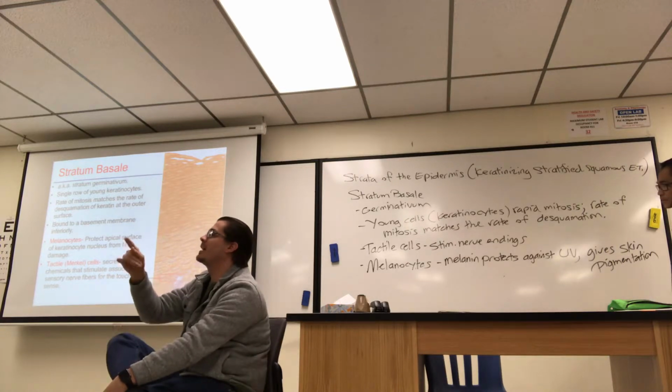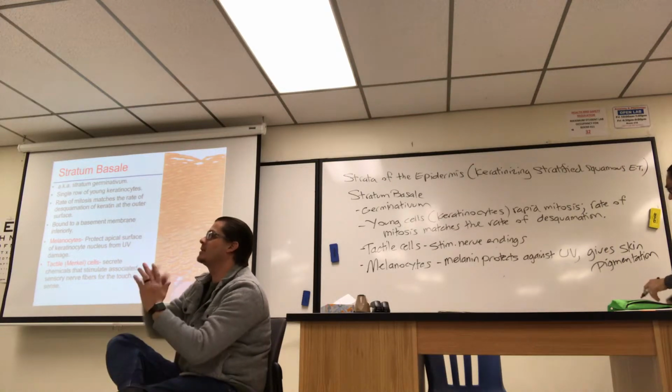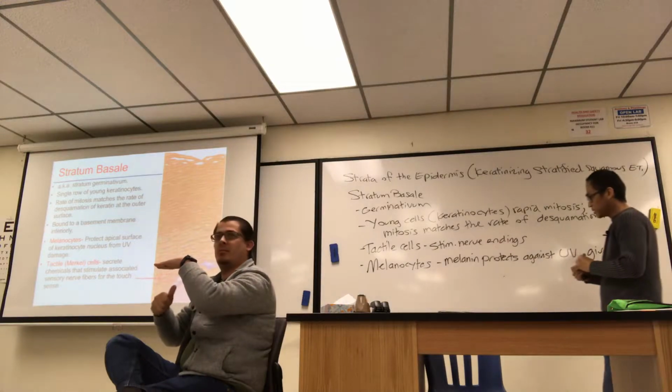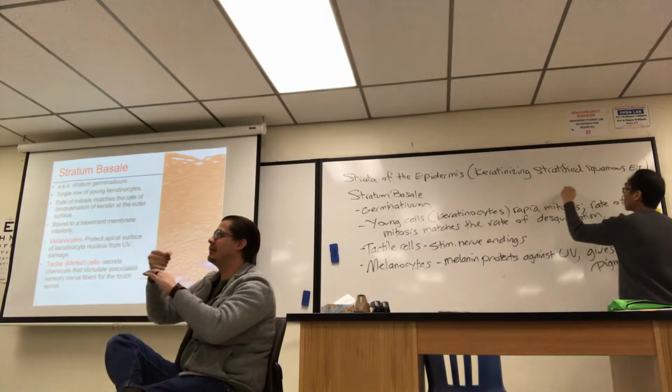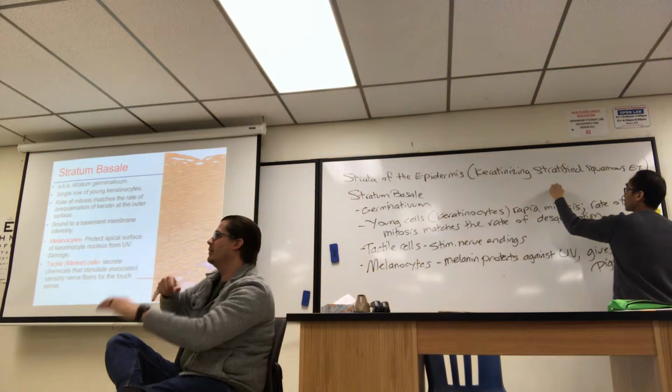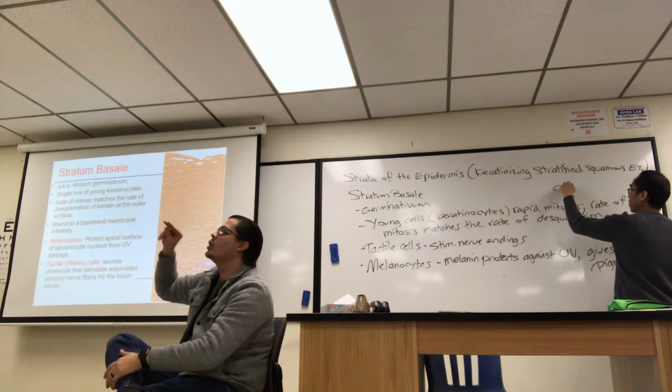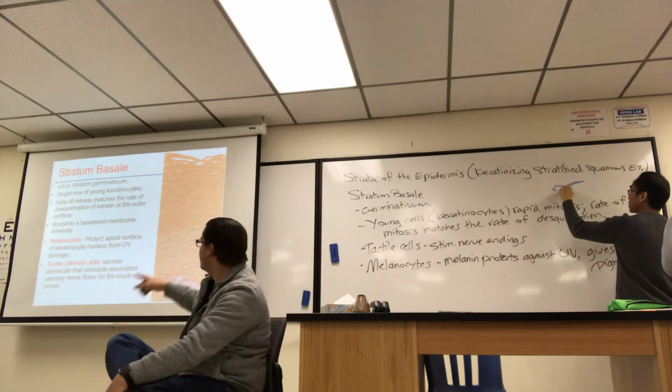The melanocytes are in this bottom layer here, and the cell has these cytoplasmic extensions. So I'm going to just draw a cell with all of these extensions.